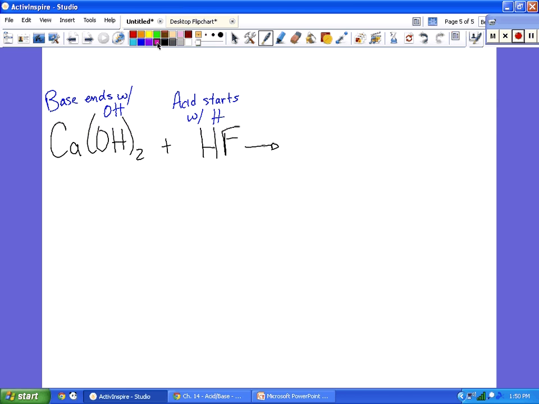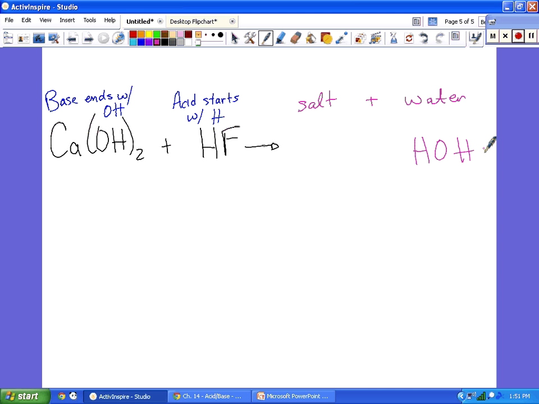Now, this is something I am requiring you to know. All acid-base reactions produce a salt and water. So we know that at a minimum, we're at least going to have a what as a product? Not salt water, but salt and a water, which is HOH. All acid-base reactions, I encourage you to write HOH. It makes it a lot easier to balance. A lot easier.